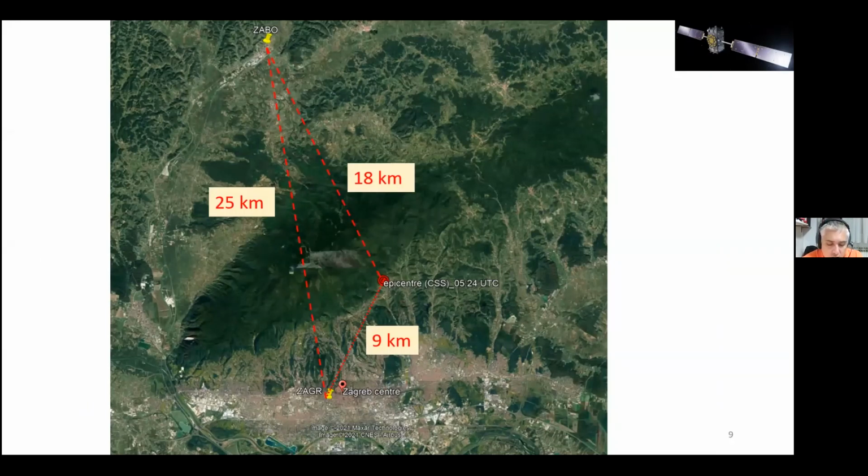If we use a relative positioning method, then we need at least two stations observing simultaneously the same satellites. So I've chosen two stations, Zagreb, of course, and Zabok, since I believed that those two stations could provide reliable relative positioning results.